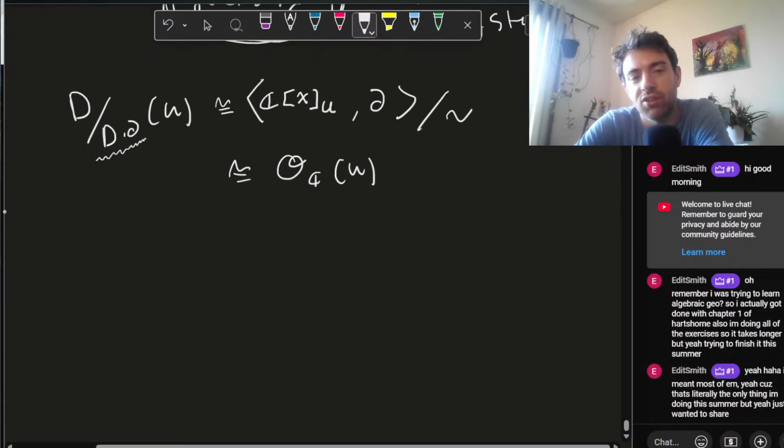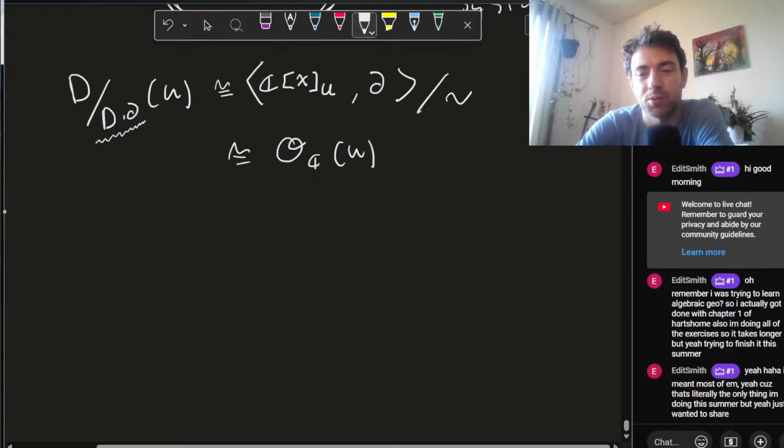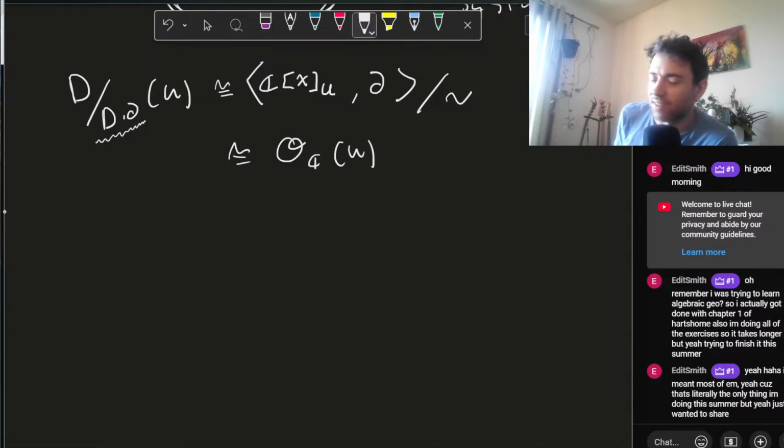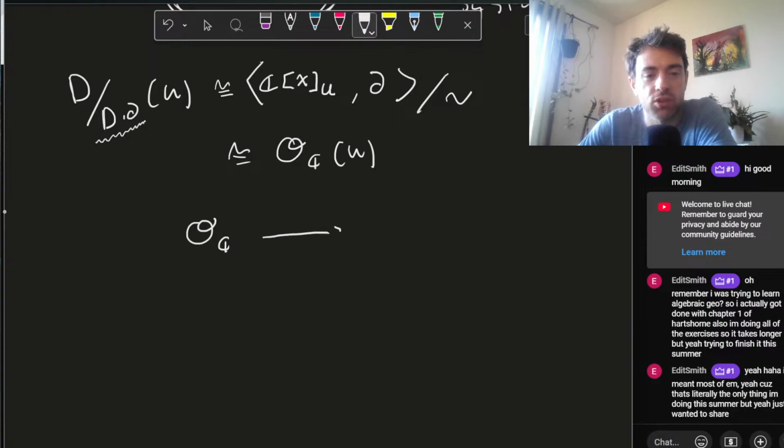This isn't quite rigorous, I haven't rigorously provided the sheaf morphism, but at least from a vibes-based approach, these are isomorphic. And so our differential in this case, and so basically our complex, just becomes the exterior derivative.